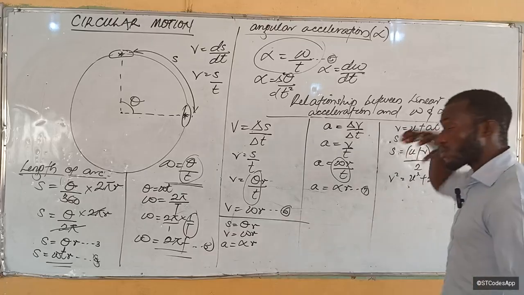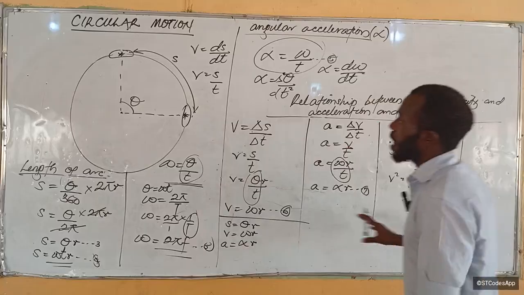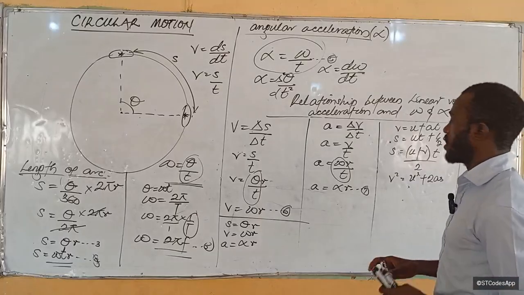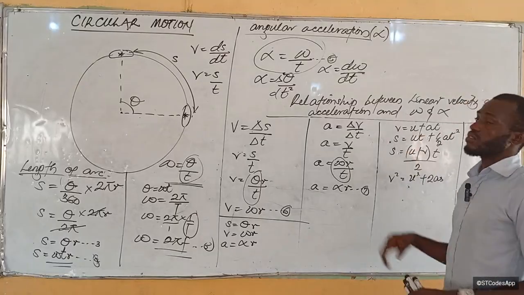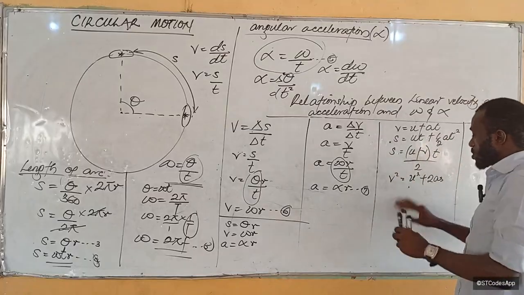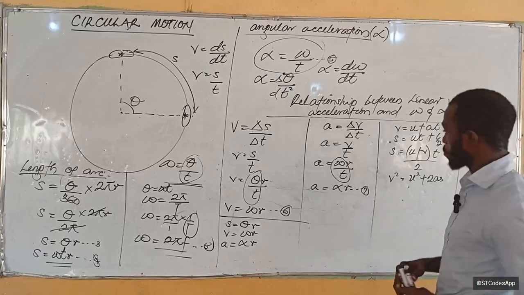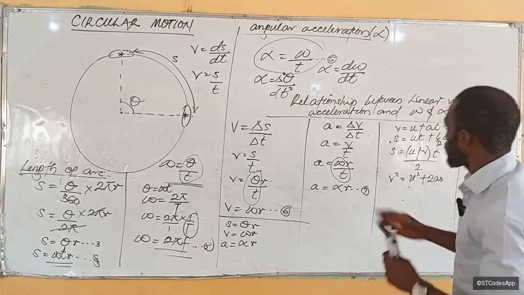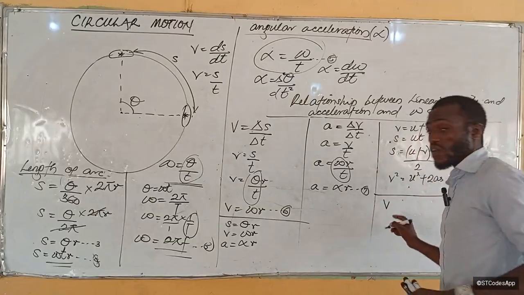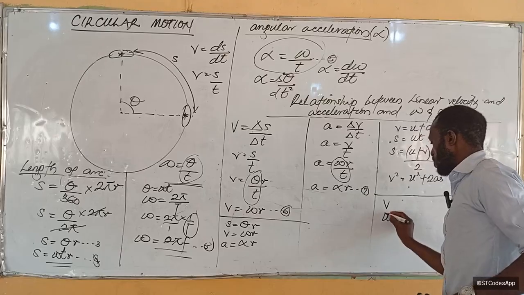Now, if you want to discuss circular motion using these too, let's say you are told to find, or given the final velocity and all that, these equations also apply to circular motion. You just make different changes, little changes rather. In this case, v is final velocity, u is initial velocity.